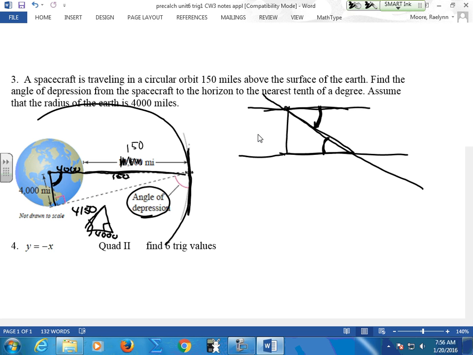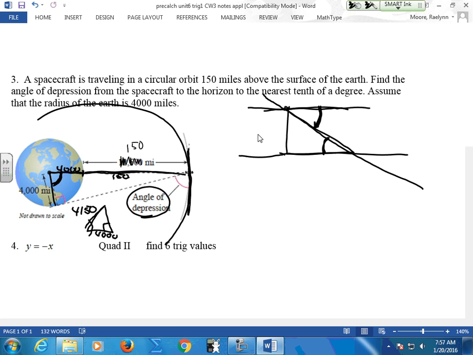Right, but the hypotenuse goes this way. That's why I like this diagram, because it makes you think, where do I get this other part? That's my radius. This is your radius right here. They gave you from here to here was 150 miles, then from here to here is 4,000 miles.